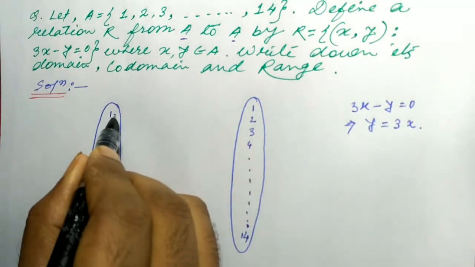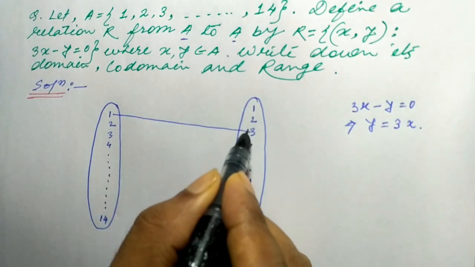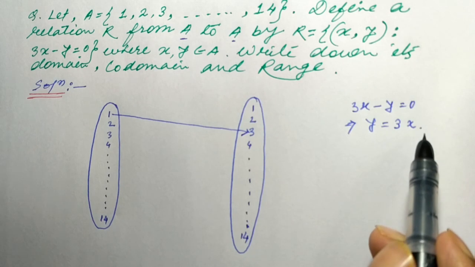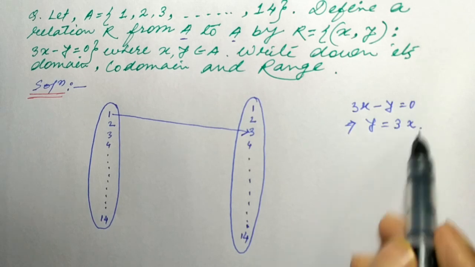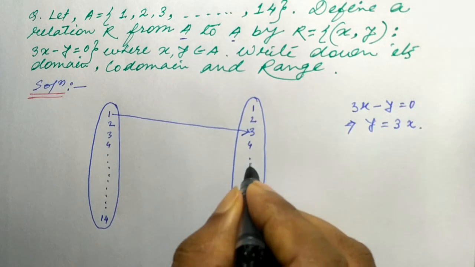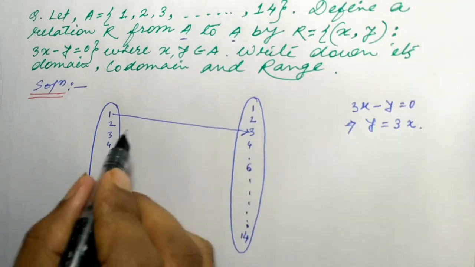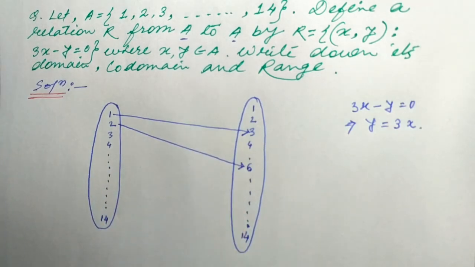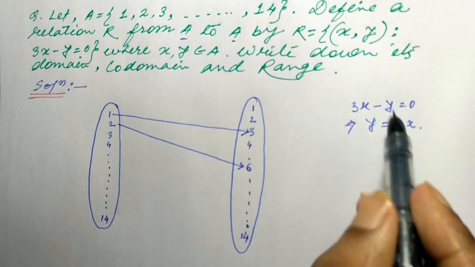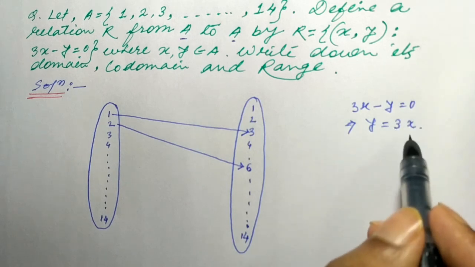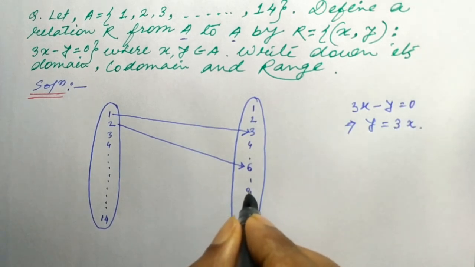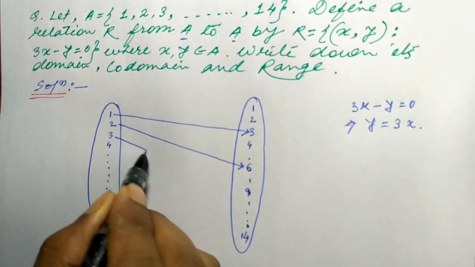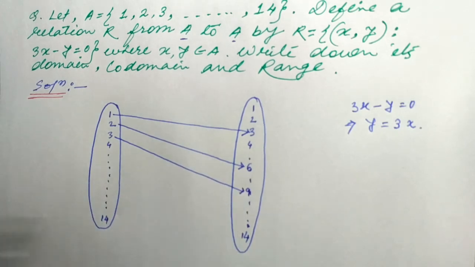Next, if we put x equal to 2, then y will be 6. Now if we put x equal to 3, then our y will be 9.